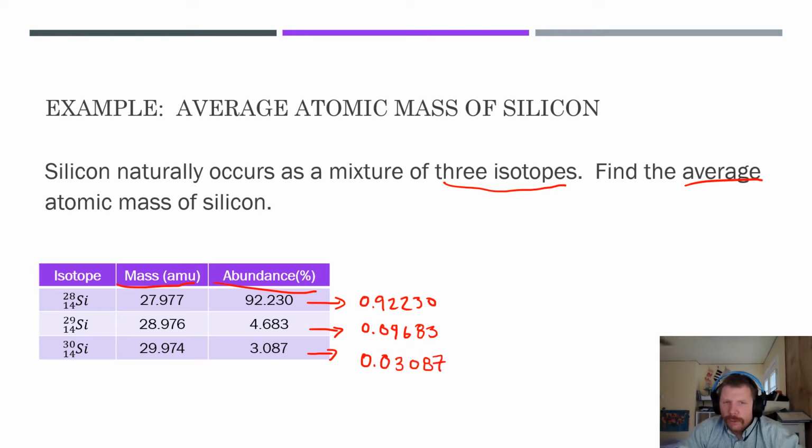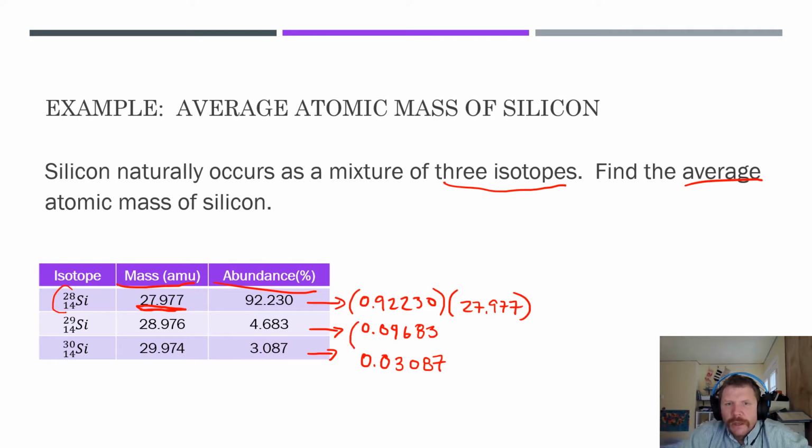Now those are my decimal abundances, and I'm going to put this in parentheses and multiply it by my mass, 27.977. I use this mass because this tells me the precise mass of that isotope rather than this rounded number 28.